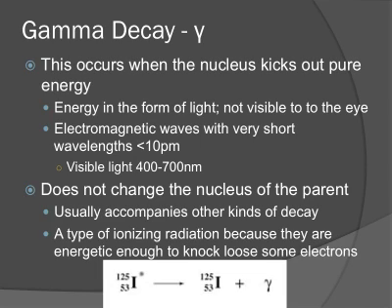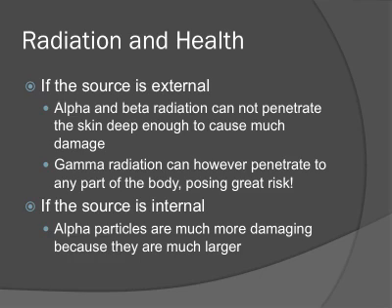Okay, so alpha rays are least harmful, right? Beta particles are in the middle. Gamma rays are the most harmful. But the question is, which one is worse for you and your health? Well, it honestly depends on where the radiation is coming from. If the source is external, alpha and beta particles most likely are not going to get past your skin.